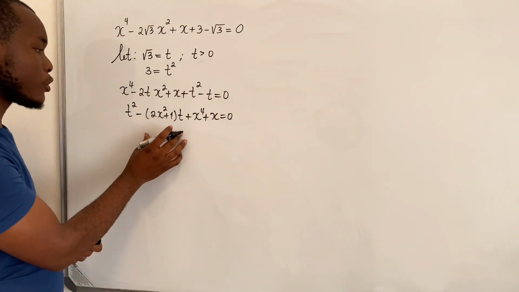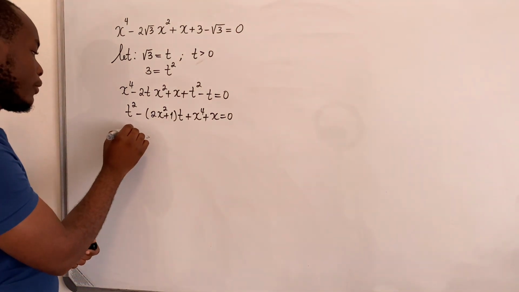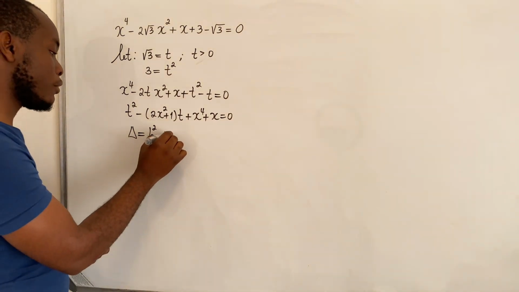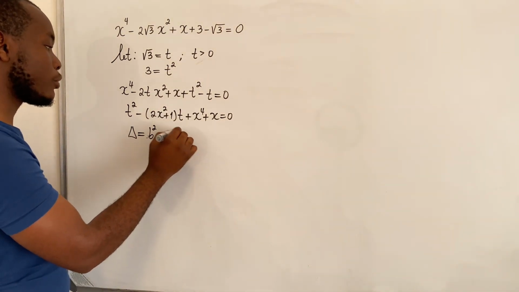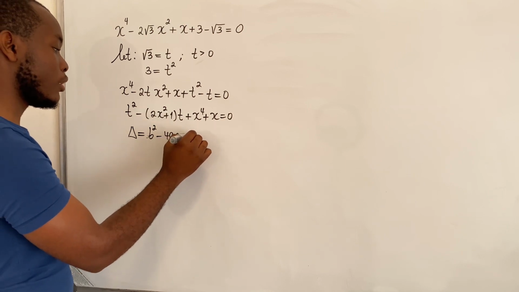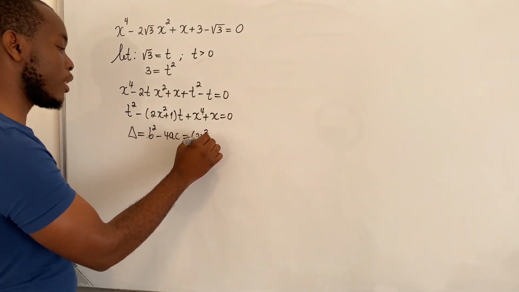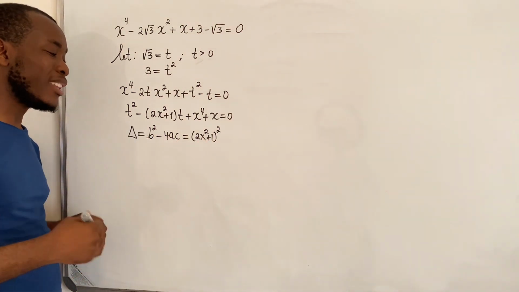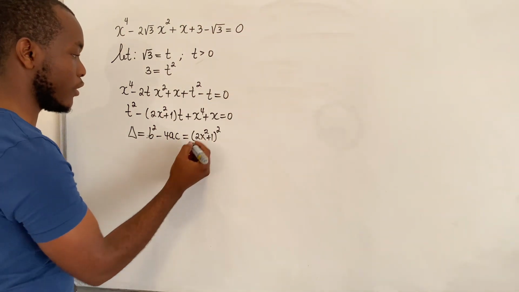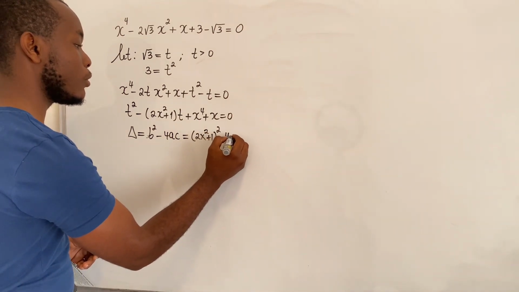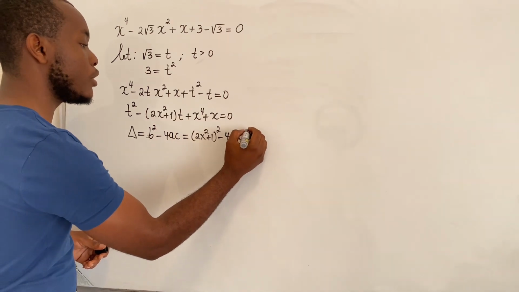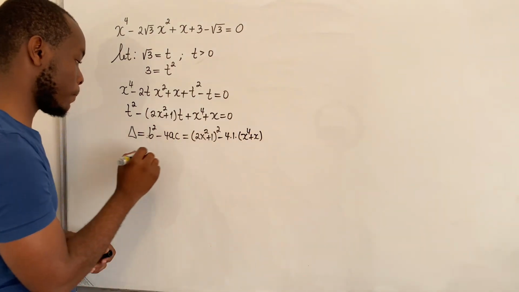If we solve this quadratic equation, then we will find first the delta, which is b squared minus 4ac. So we're going to have this expression squared, 2x squared plus 1 squared. I'm not using the negative because that negative disappears because it's even. So minus 4 times a, which is 1, times c, the constant, which is x to the power 4 plus x.